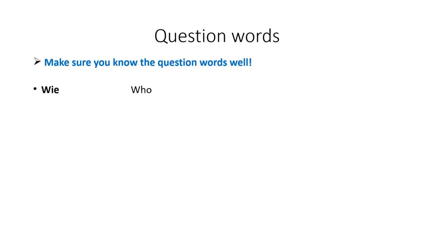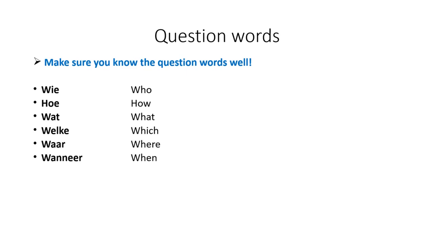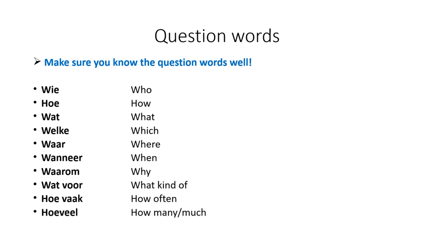They are wie, hoe, wat, welke, waar, wanneer, waarom, wat voor, hoe vaak, and hoeveel. So make sure that you know these question words very well, because they are essential for understanding the question.